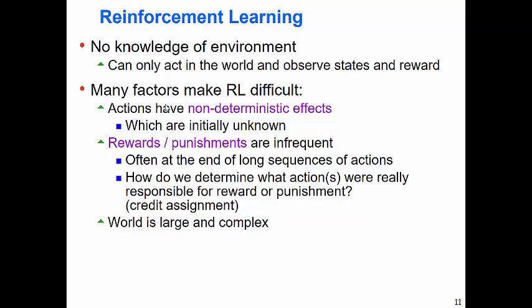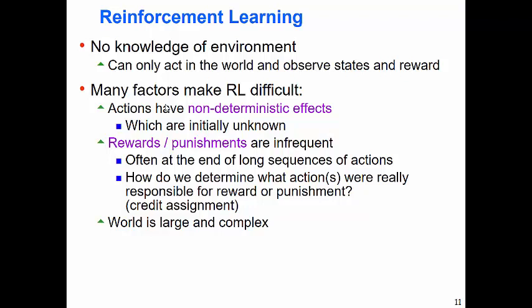Rewards and punishments that you're getting when you act in the world can be infrequent, and this is one of the biggest challenges of RL. So if you're trying to use reinforcement learning to play chess, and you only get a reward at the end of the game that says, "Hey, you won," or "You lost," or "You had a draw."